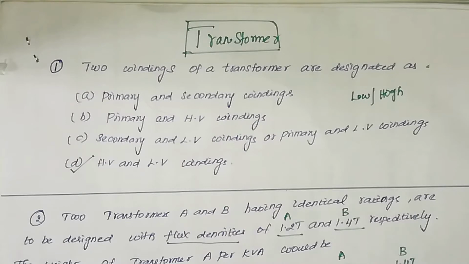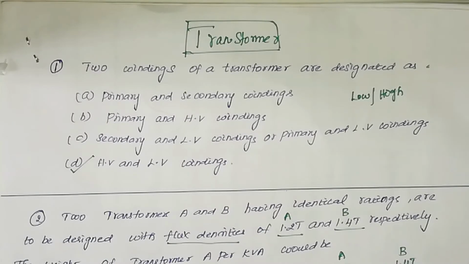First question: the two windings of the transformer are designed as primary and secondary winding, primary and HV winding, secondary and LV winding, or primary and LV windings, HV and LV windings.